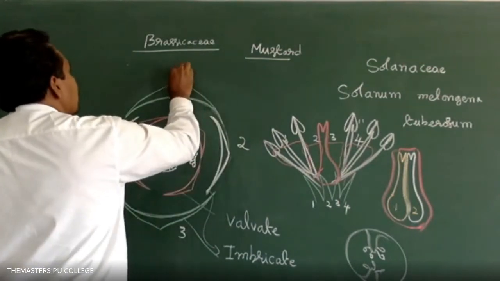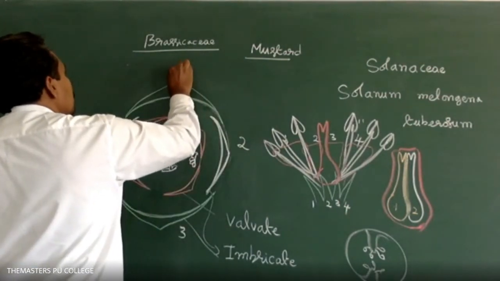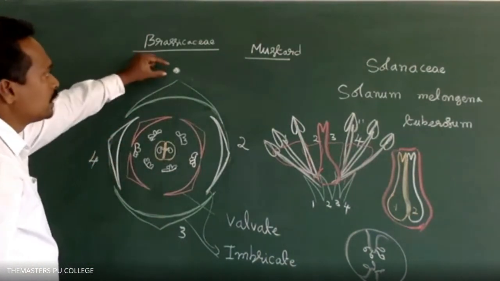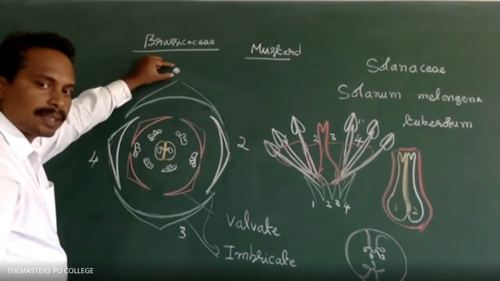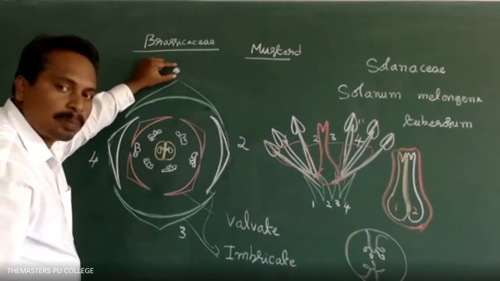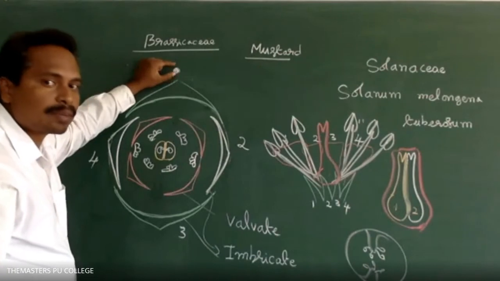So above the floral diagram, there is a small dot. That dot represents the mother axis of the flower.